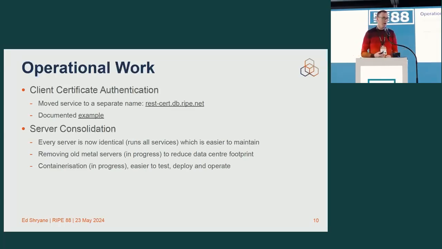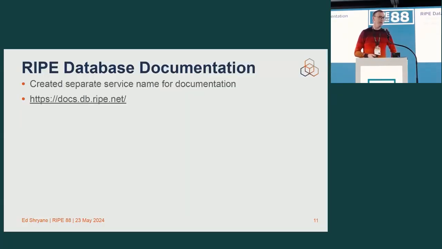We were keeping old servers as long as we could, but we had performance problems and inconsistencies between the responses of the old servers and the new servers. We felt that the new servers that we had were quite adequate in delivering the service, so we're phasing out the old ones. And finally, we are continuing with our effort to containerize, which is going to make it easier to deploy, test, and operate our service.